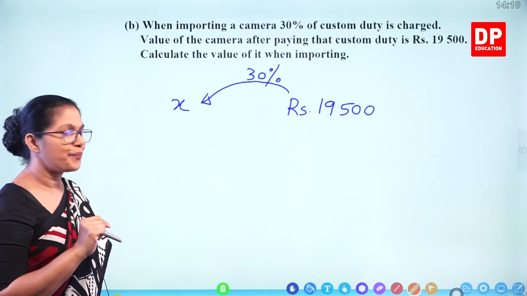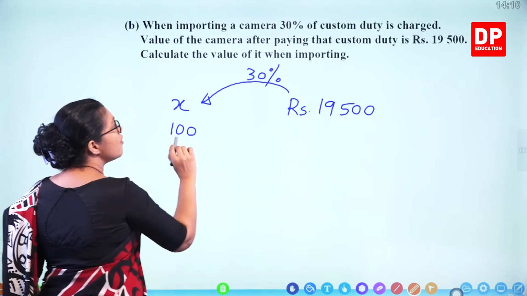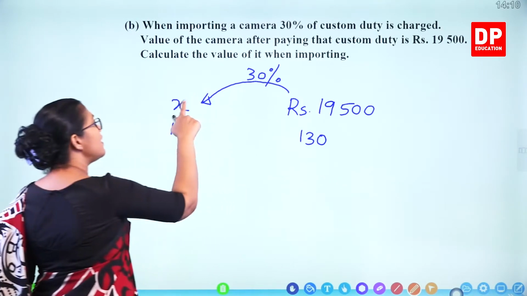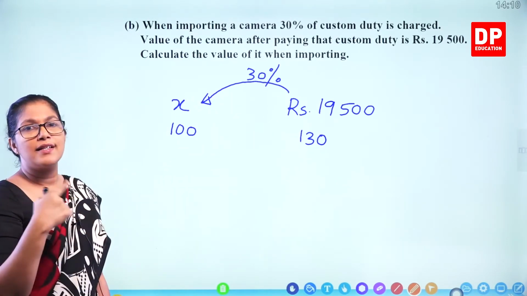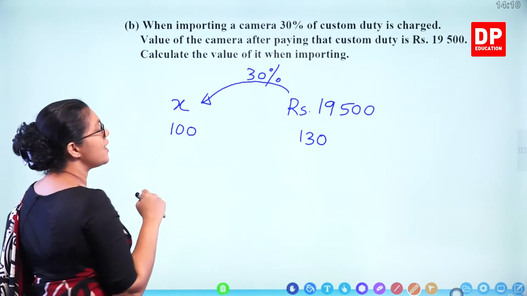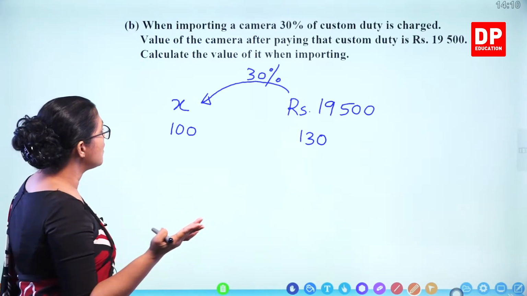So how you do? If this value is 100, you have to pay with the tax 130. And they are asking if this is X, what is the value? 19,500. So how you find out reverse percentage problems like this? Initial value.